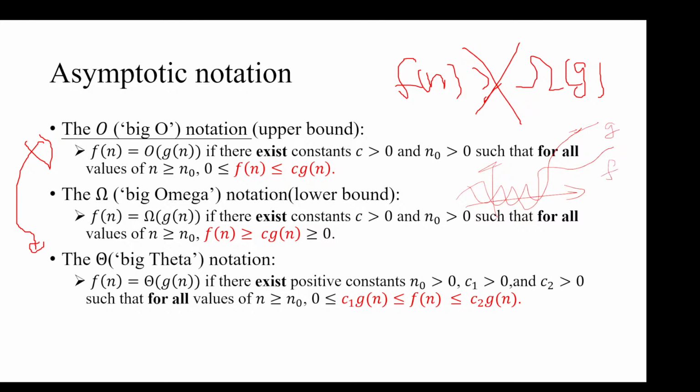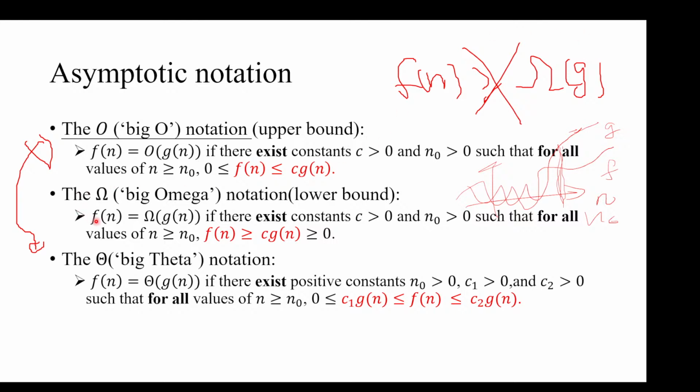We say when n is greater than some n naught, maybe n naught is here, then f is less than or equal to g. And we also don't care about constant factors, so we can give g an arbitrary constant factor advantage. We only care about how fast it grows. So that's big O notation.